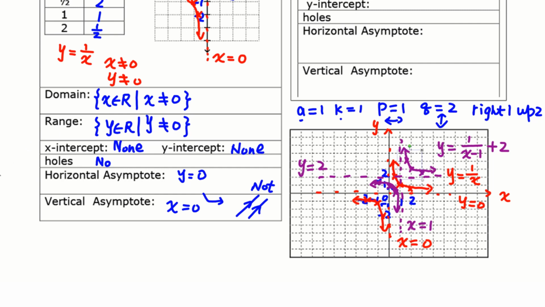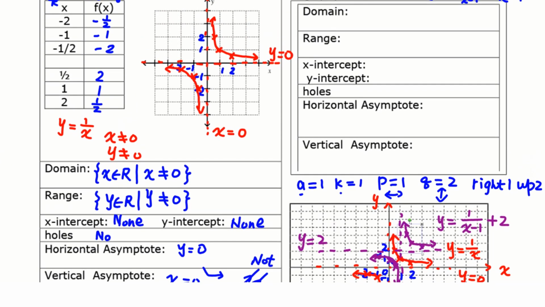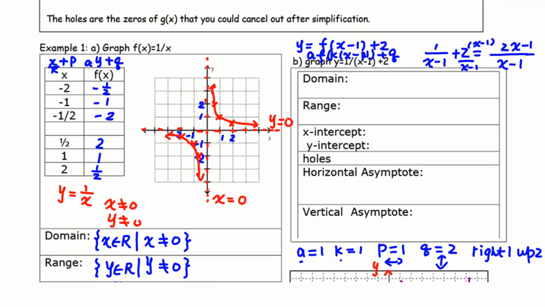Then we are going to fill in the domain and the range. For the new one, the denominator couldn't be 0. So we solve x minus 1 equals 0, so x couldn't be 1.